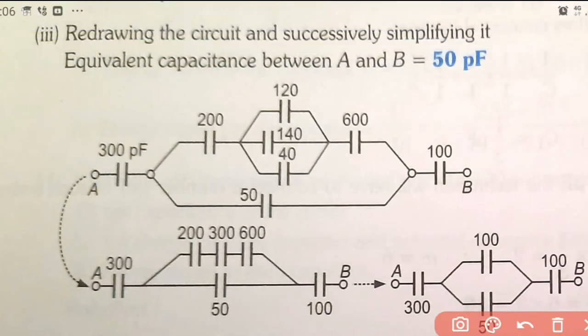In this diagram, compared to the previous one, the series combination of 200 and 300 is replaced by its effective, and 60 and 120 are replaced by their effective 40.